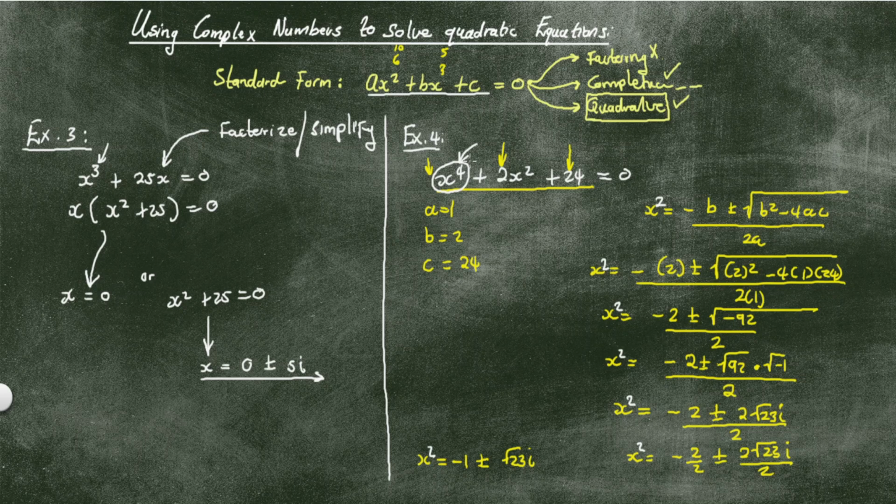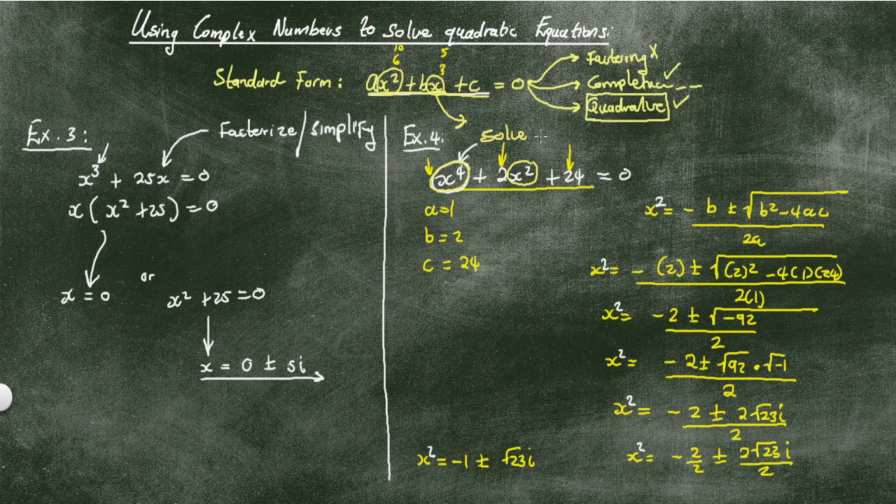So when we are solving a normal quadratic equation, we are actually solving for x. Now I have an x squared, so I'm solving for x. When I have an x raised to exponent 4, what am I solving for? x squared.